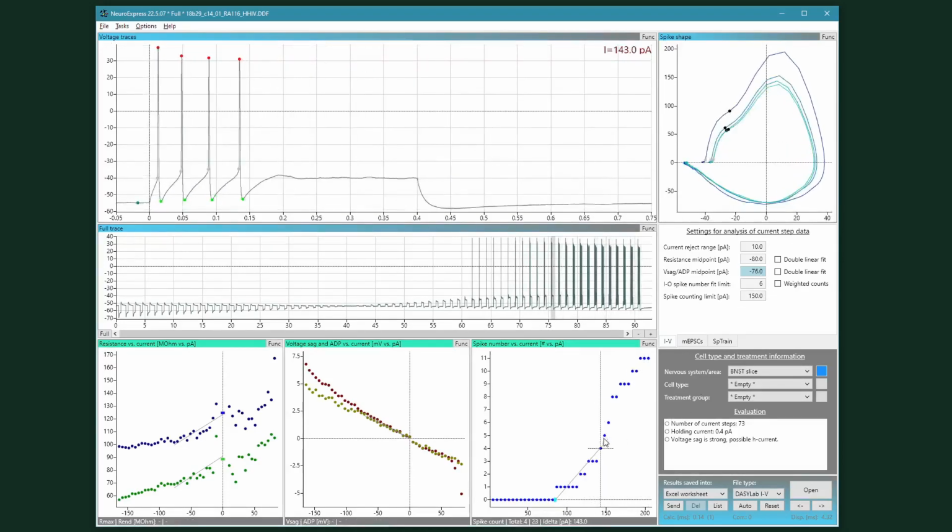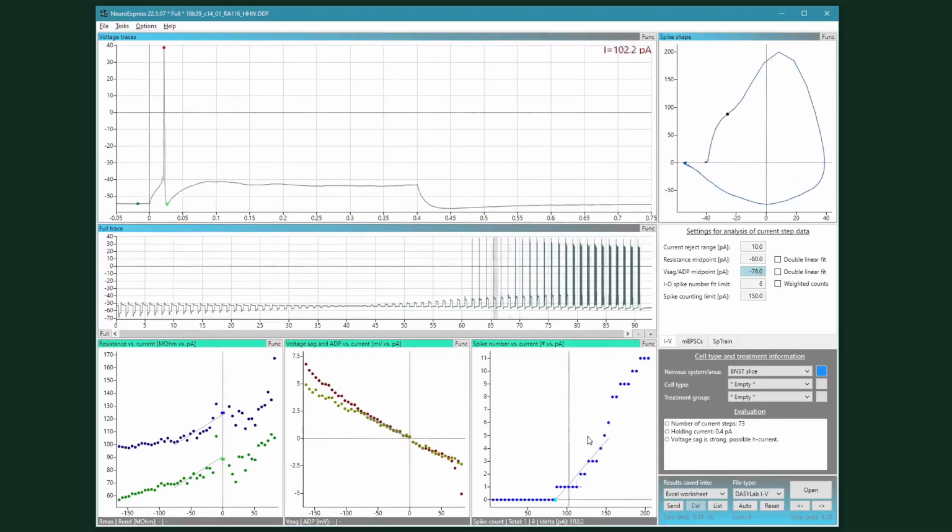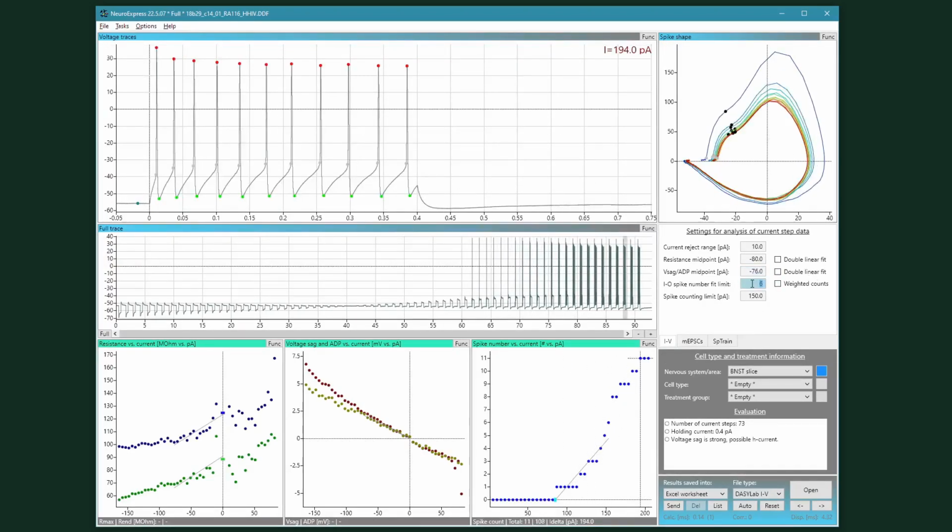This can be a fairly linear relationship for some neurons, but not always. Then we can determine up to which spike count we want to perform the linear fit. In this case it's 6, but I can decrease it to 5, 4, even 3 or 2, and depending on this choice the fitting will give you different levels or different slopes.